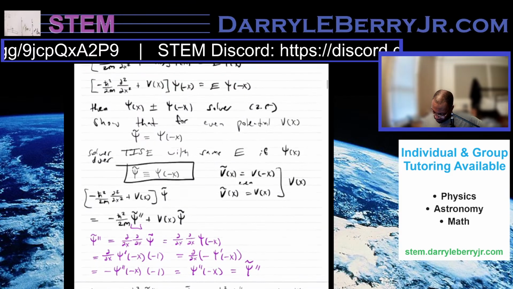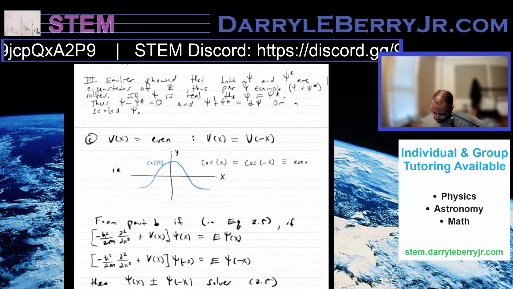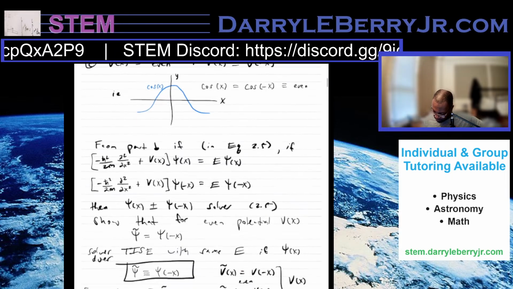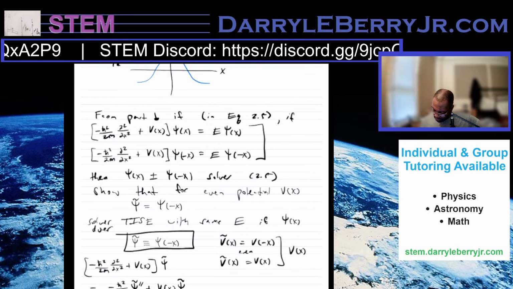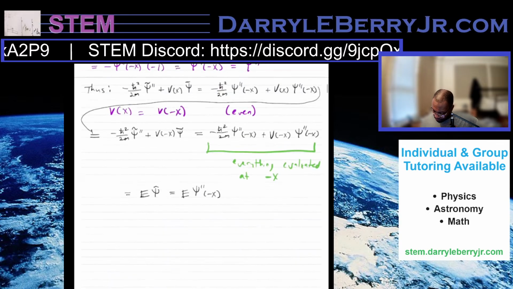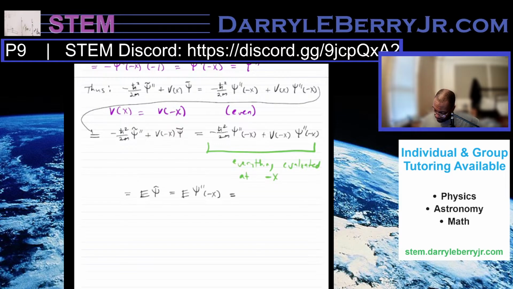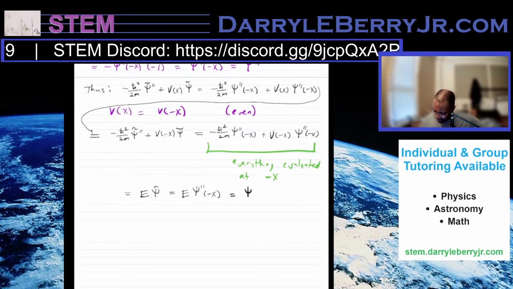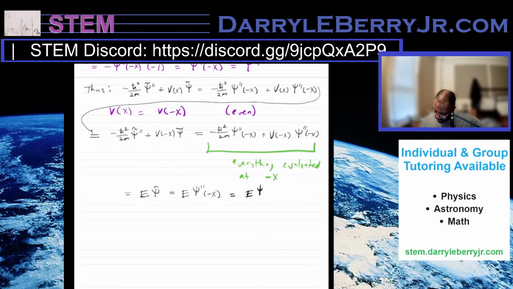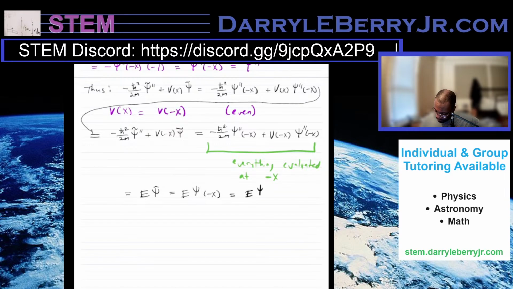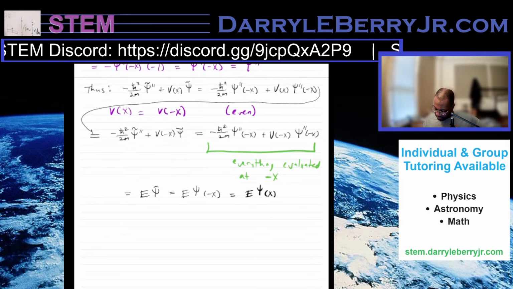And we know from part A or B that either one of these will solve, and we assume that it did, that the positive or the negative both gave the same E. So this means this also equals that.